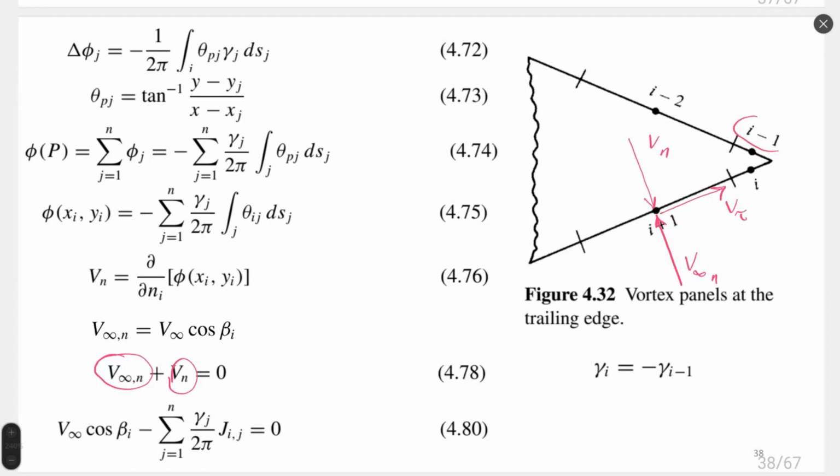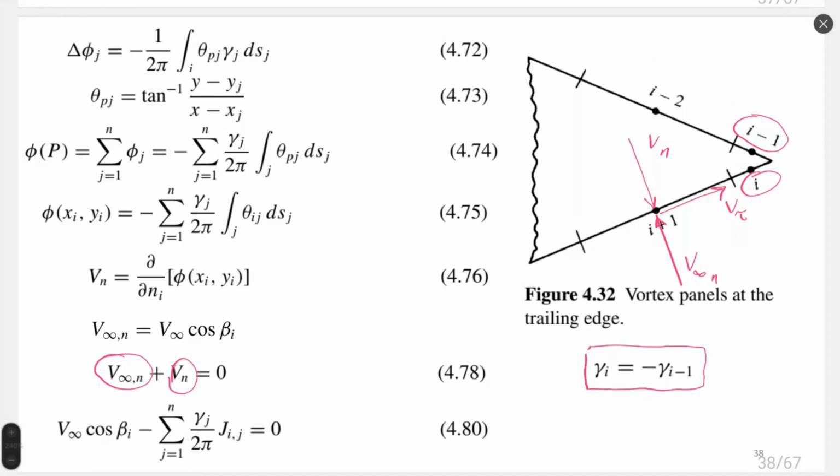We know that the circulation or strength of vortex on the trailing edge of our airfoil should be compensated. So gamma i and gamma i minus 1 in total will be the same value, but opposite in direction. So they will compensate each other.